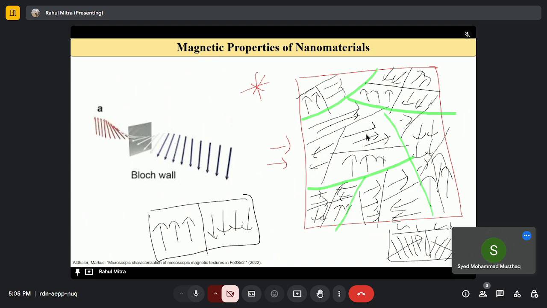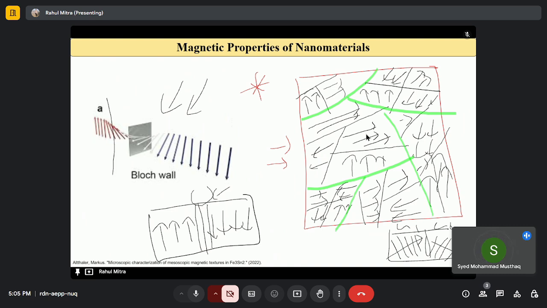So now, what happens at the domain boundary? We define a term called a Bloch wall. In the Bloch wall there is a different orientation of atomic spins. This is a good representation of what happens.